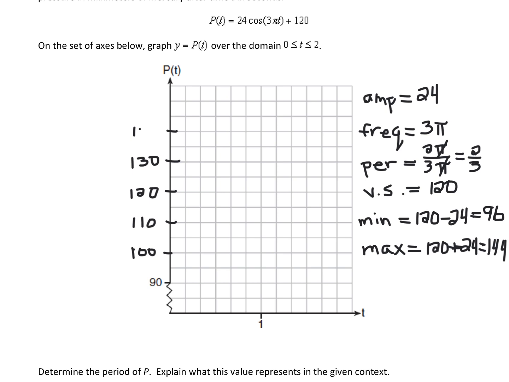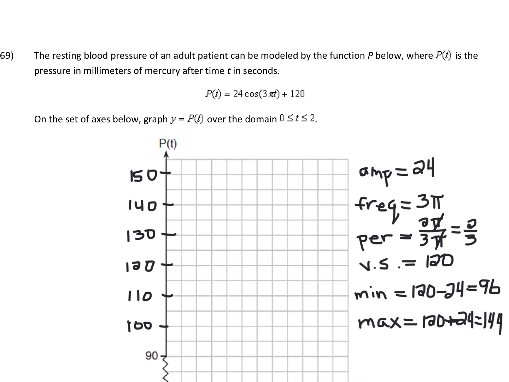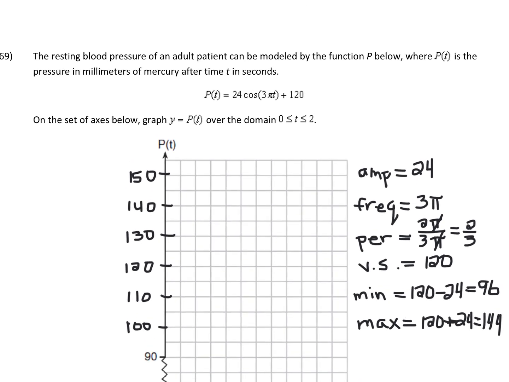All right, so I guess I'm technically going to number up to 150. And if you go back up to the top of the page here, it says that P of T is the pressure in millimeters, so that's how I'm going to label this axis right here. Okay, so there we go.